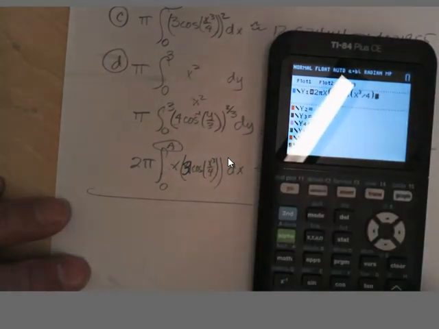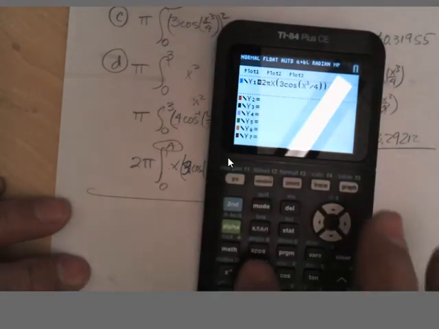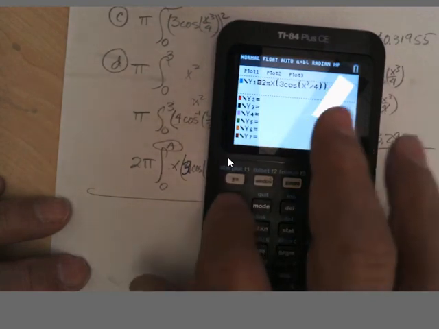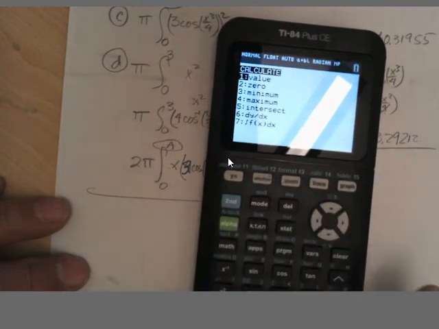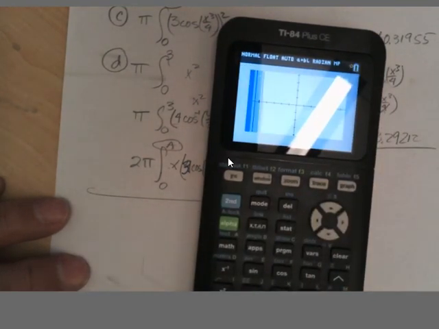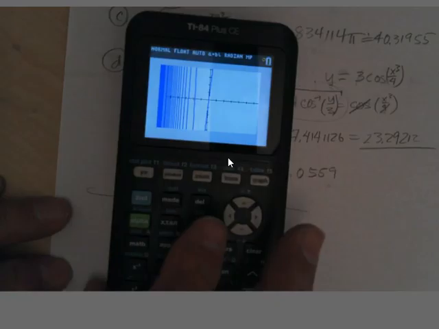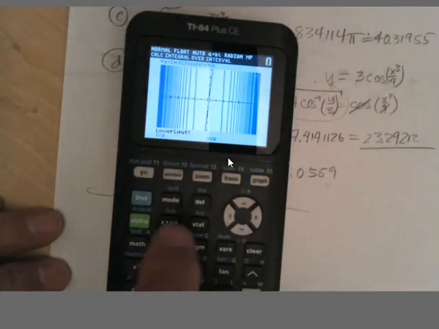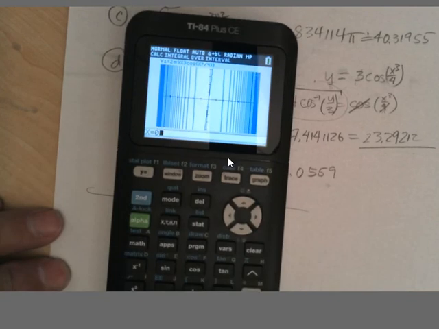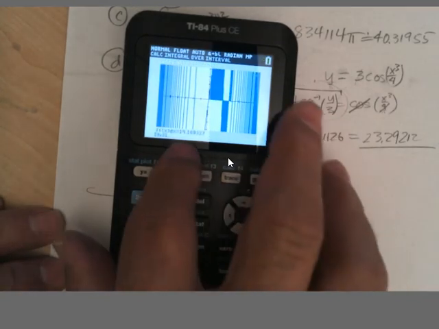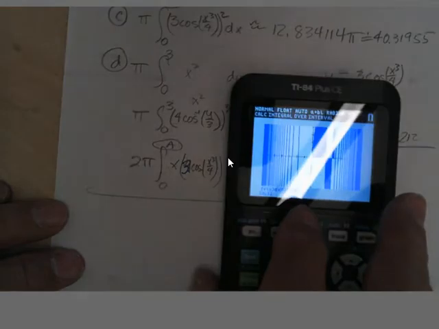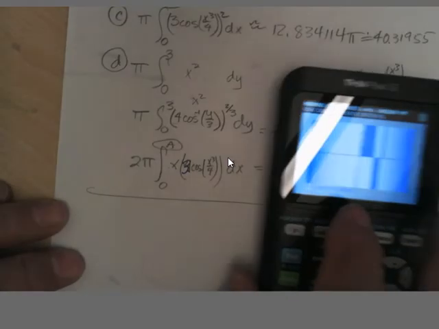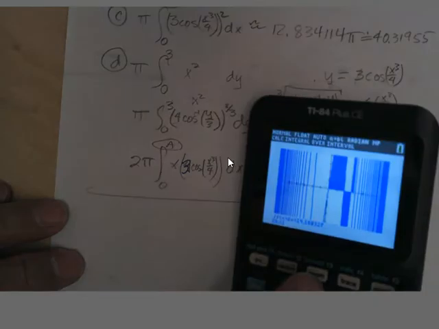Yes, close parenthesis, and second, calculate 7. And I'm going to go from 0 to 3, and what did I do wrong?